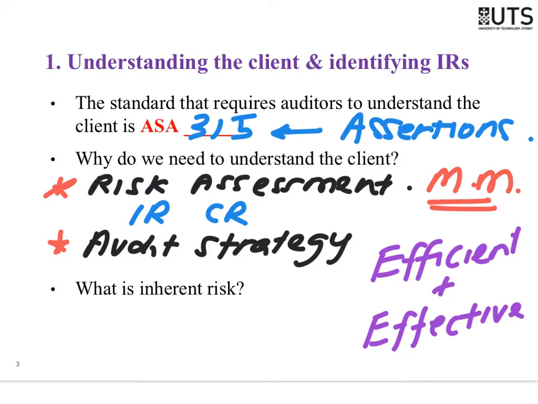The area where we think that there's a higher risk of information being misstated, we do more detailed testing of that area, right? Why? Because that's effective, that's efficient. We spend more time testing risky areas and less time testing safe areas or accounts that are less risky, okay?